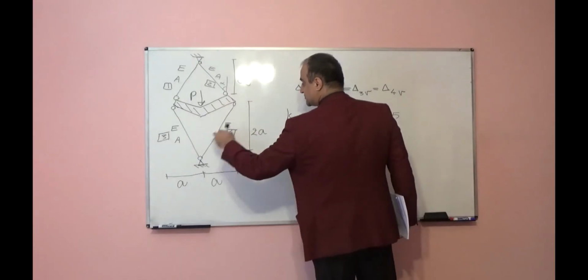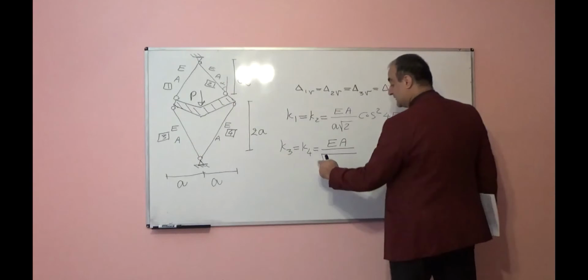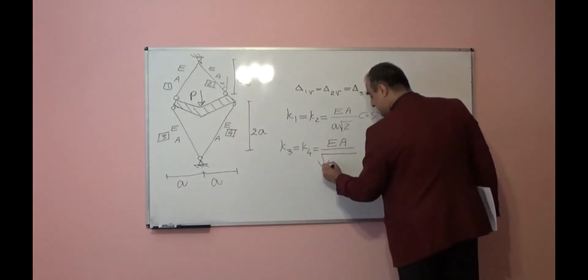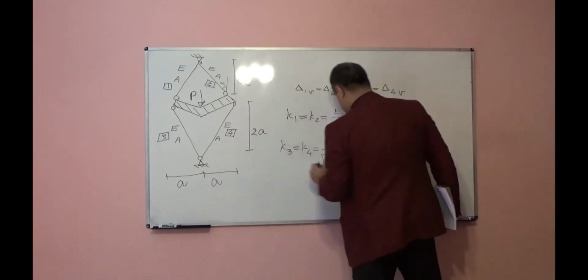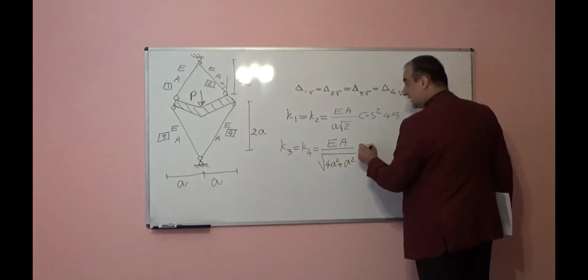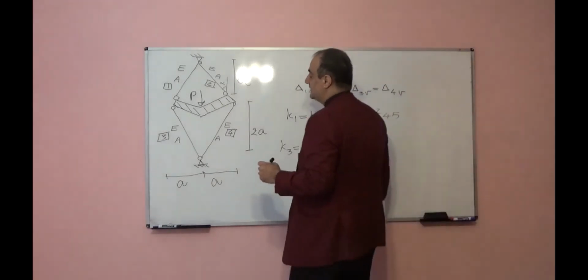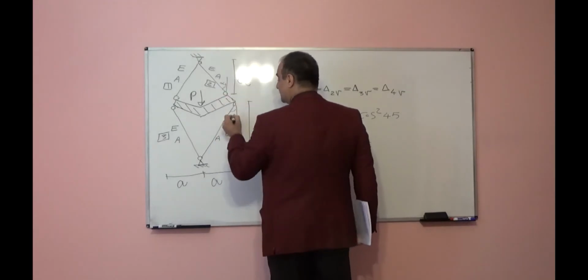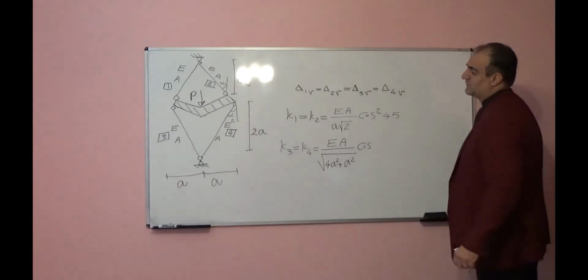For this rod, this is 2A, this is A, so in this triangle the length will be square root of 2A squared, it means 4A squared plus A squared, times cosine squared of which angle? This angle. Here, if this is alpha 1, this is alpha 2. So what is the cosine of alpha 2?